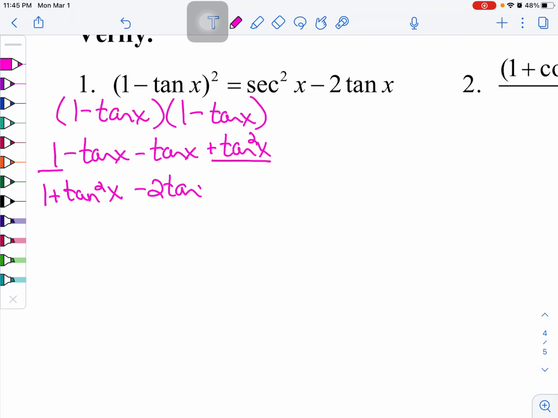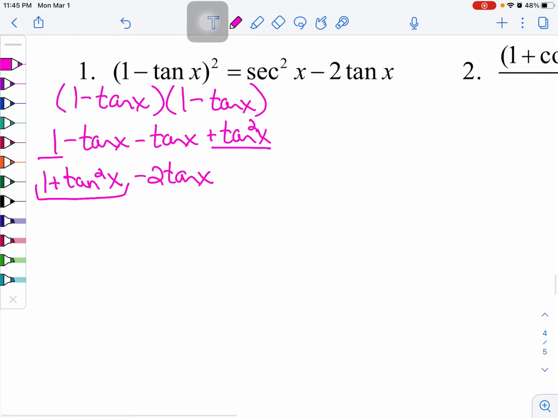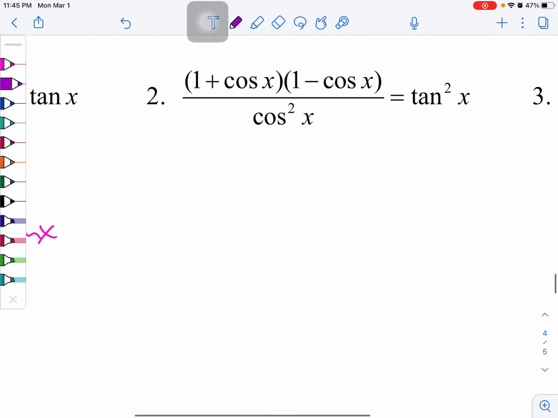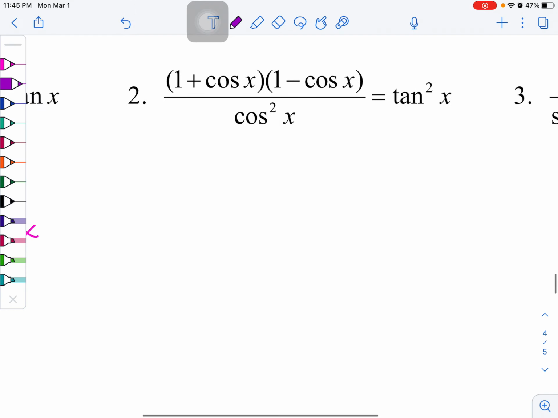So I'm thinking if I take 1 plus tangent squared x minus 2 tangent of x, this term is one of my Pythagorean identities that I can replace with secant squared x minus 2 tangent of x, which is exactly what I was looking for on the right side. All right, so that's problem number 1.